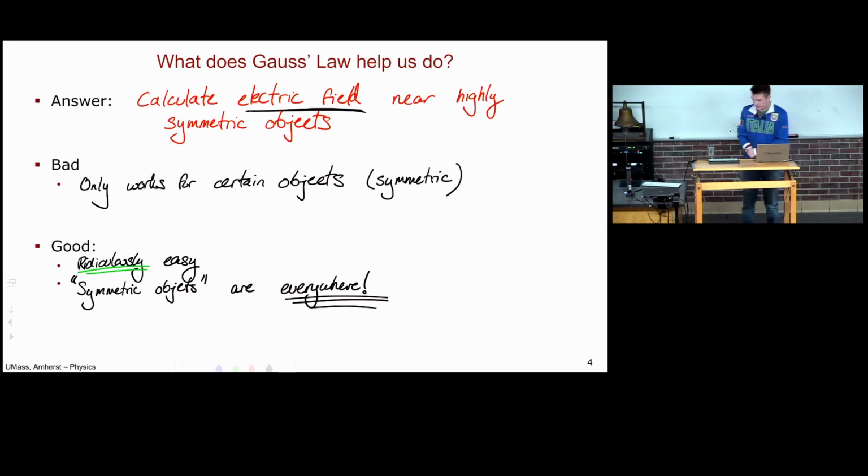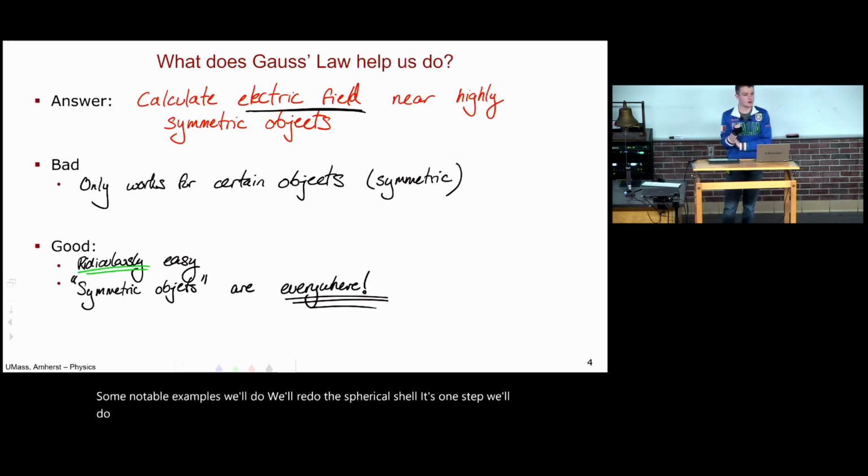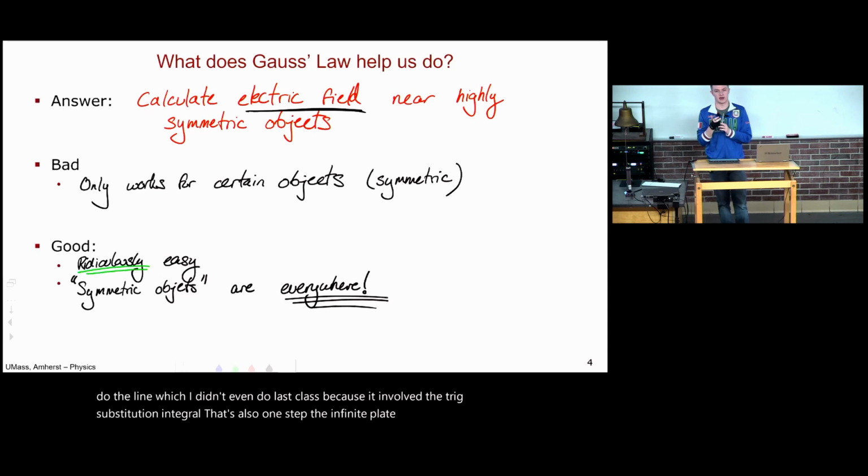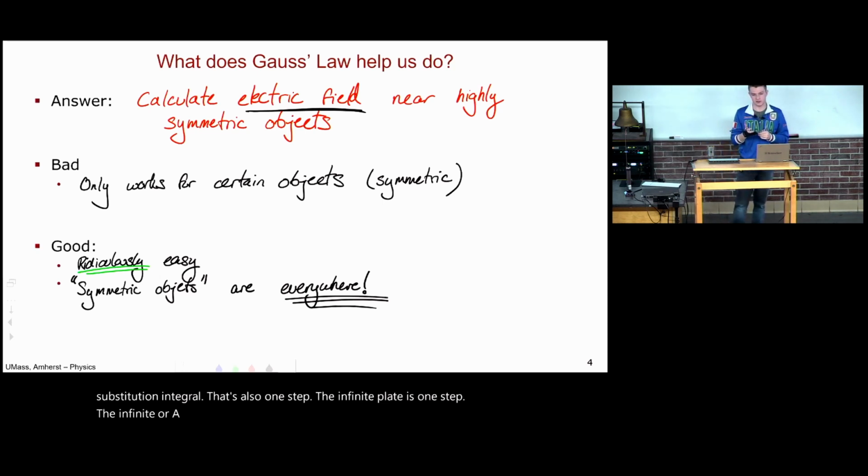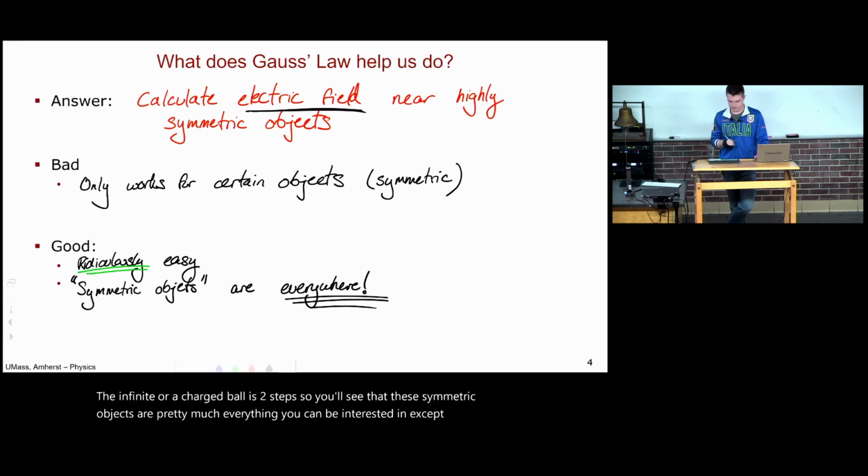Some notable examples: we'll redo the spherical shell. It's one step. We'll do the line, which I didn't even do last class because it involved the trig substitution integral. That's also one step. The infinite plate is one step. A charged ball is two steps. So you'll see that these symmetric objects are pretty much everything you could be interested in except a disk and a ring.